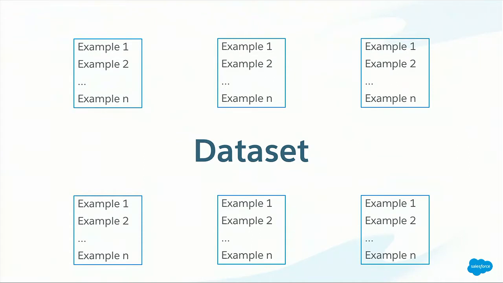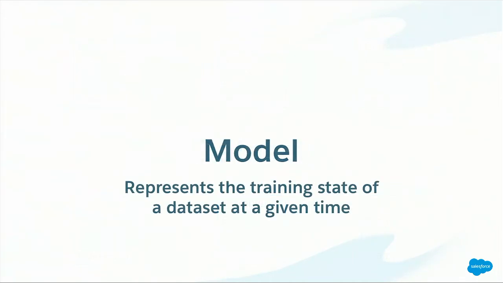So example, data set, and the next thing is the model. So when you have all your data collected, you upload that, and you will later see how you can do that. You will create a specific version of this data, and this is what we call a model. This is how Einstein has learned your data and its applied labels at that specific time.